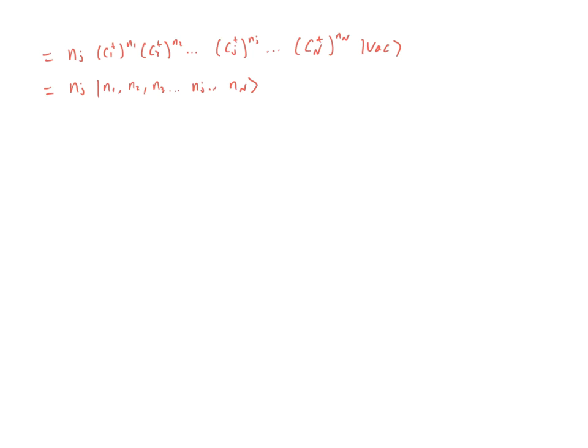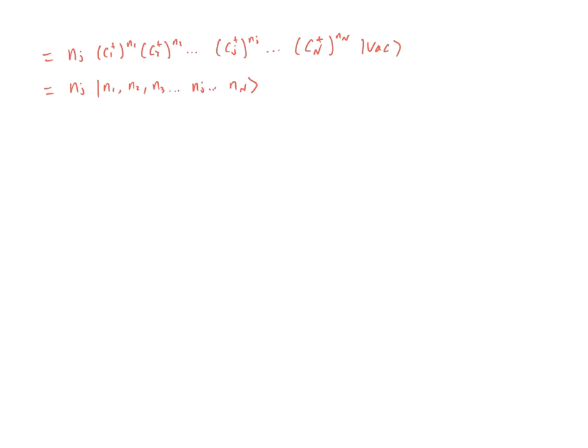We don't have to do this every time, certainly not. The whole point here, though, is to derive it once, and then once we've derived it, we don't have to worry about it ever again. So indeed, these basis states that I've written down here, with these occupation numbers n1, n2, n3, and so on, they're actually eigenstates of nj hat with eigenvalue nj.